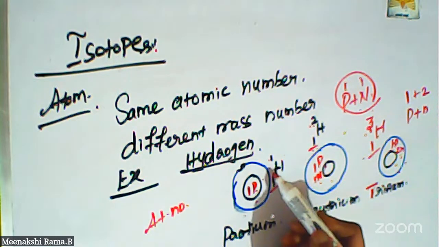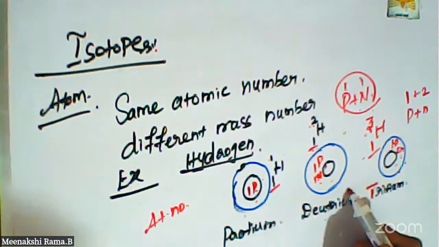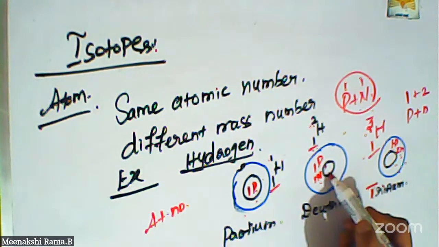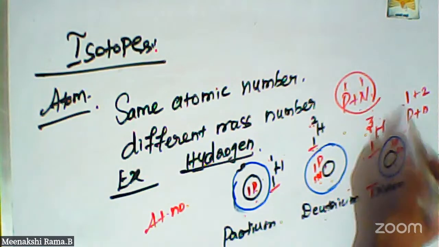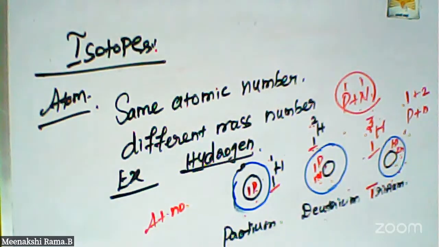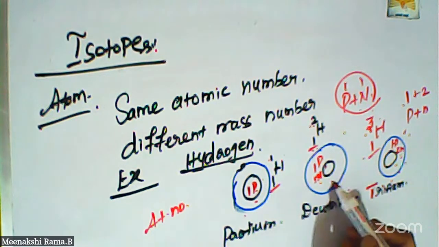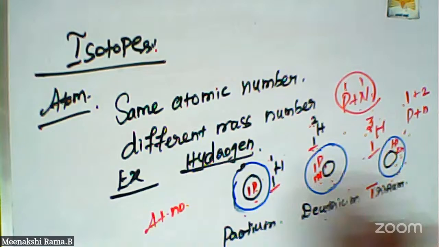Protium contains no neutron, deuterium has 1 neutron, and tritium contains 2 neutrons. So the mass numbers are changed in these three.